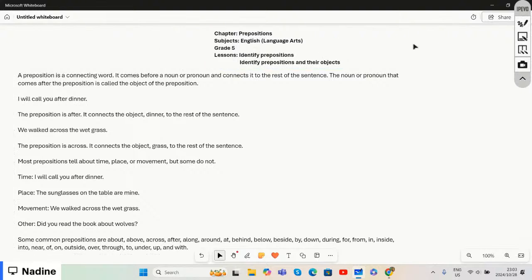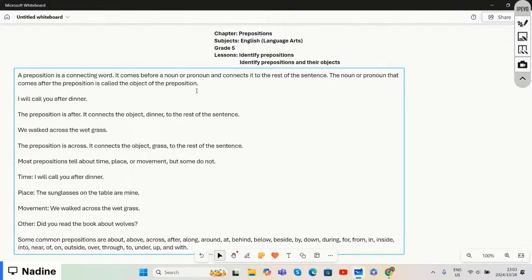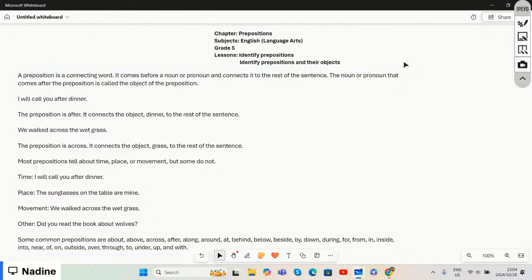The lessons that we are going to be focusing on under the chapter of prepositions are to identify prepositions, and to identify prepositions and their objects.